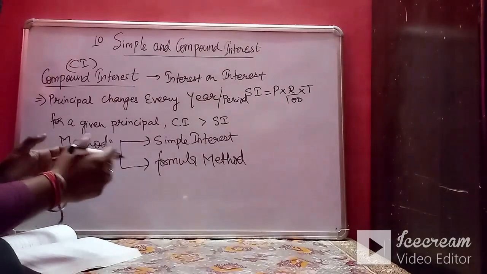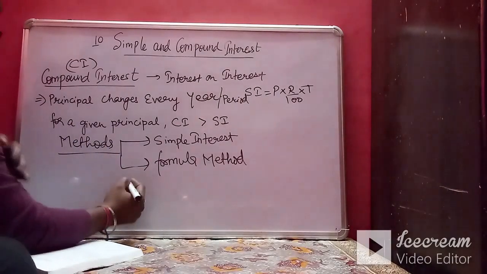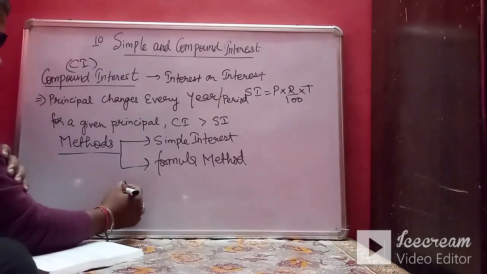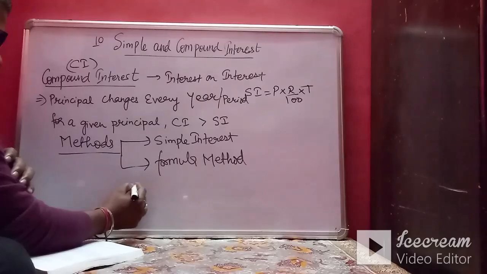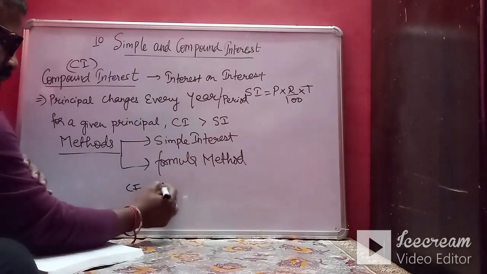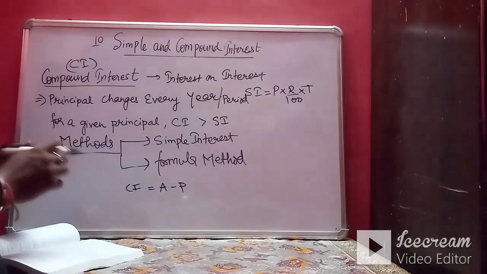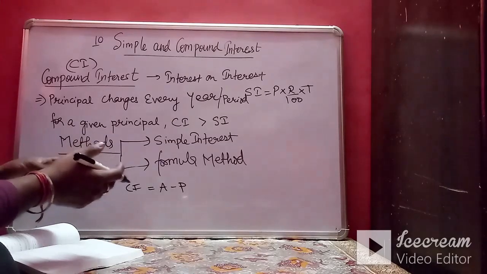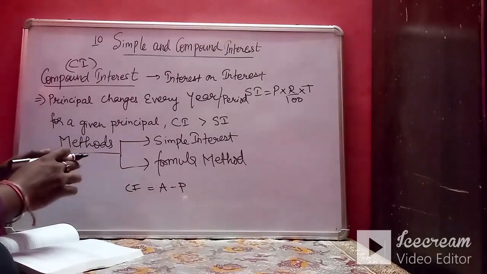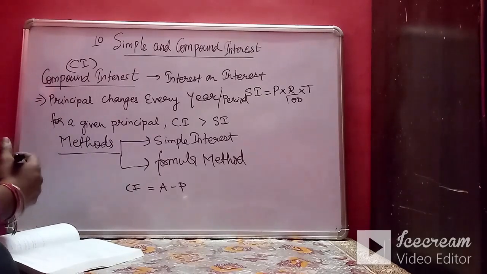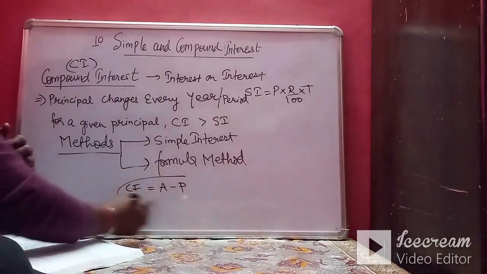The compound interest that we need to calculate will be equal to amount minus principal. Whatever amount we calculate in the end, and the principal that was in the beginning, if we subtract, we will get the compound interest.